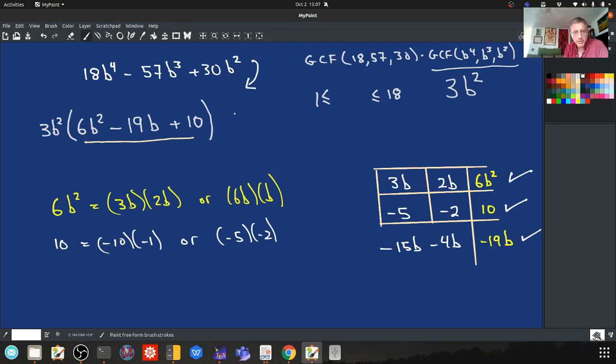And this degree 2 polynomial in the variable b is 3b squared times, let's get our factorization, 3b minus 2, 2b minus 5.